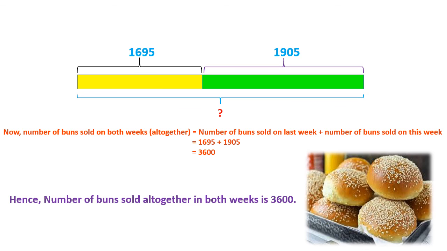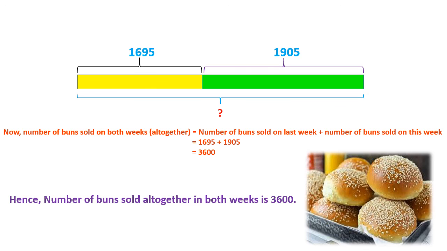Now I'm repeating once again whatever we have done. The question has got two parts. In the first part, we calculated the number of buns sold this week, where we added 1695 with 210, and we got the answer 1905.